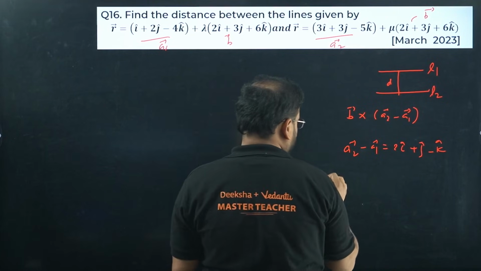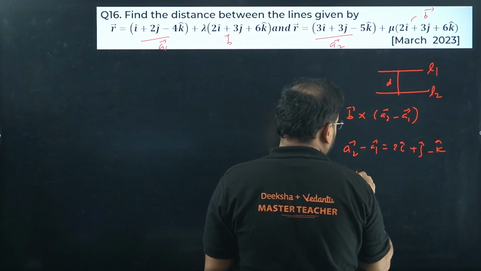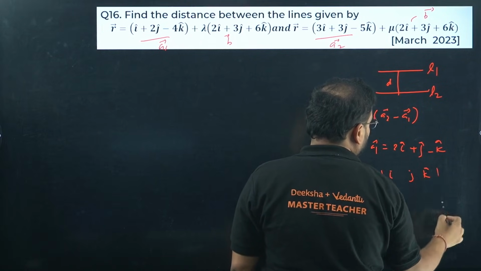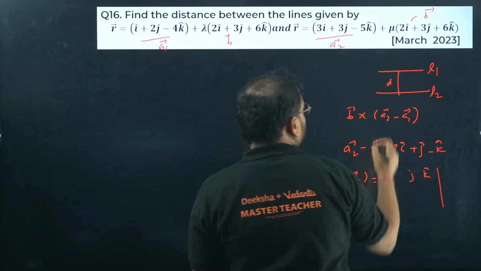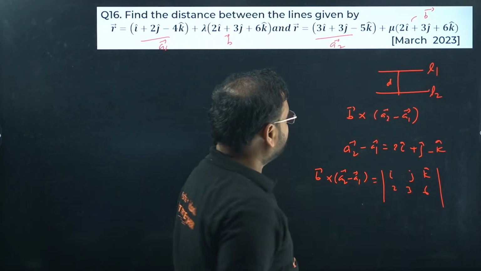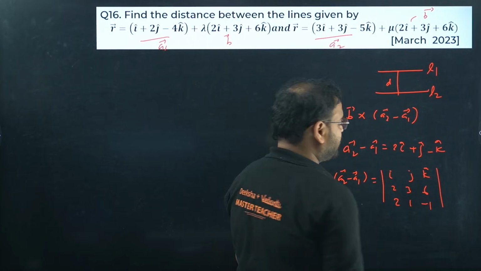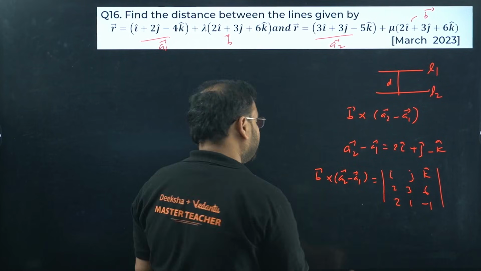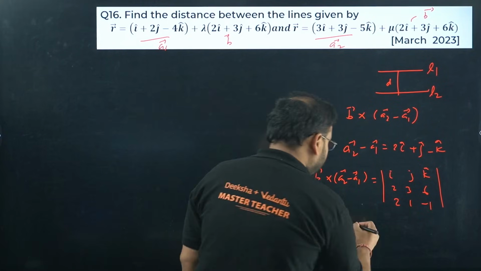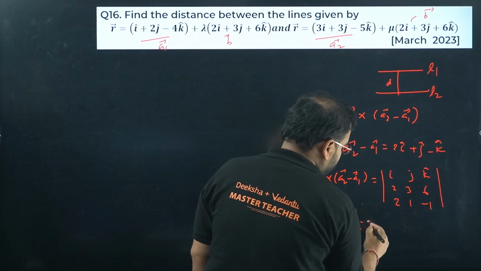B cross A2 minus A1 will be a determinant with i, j, k as the first row, and the other vectors as it is: 2, 3, 6, and 2, 1, minus 1. Let's find this value. With i cap, I'll get minus 3 and minus 6, so minus 9, correct?